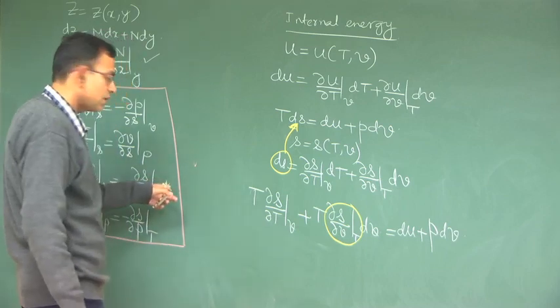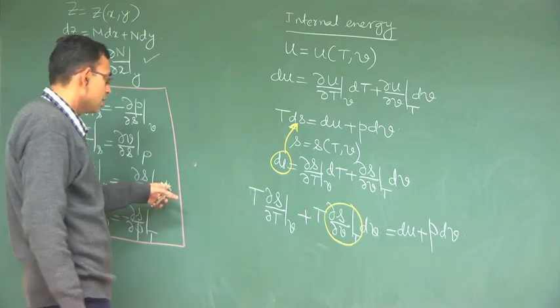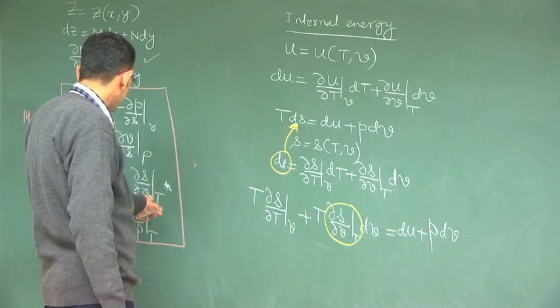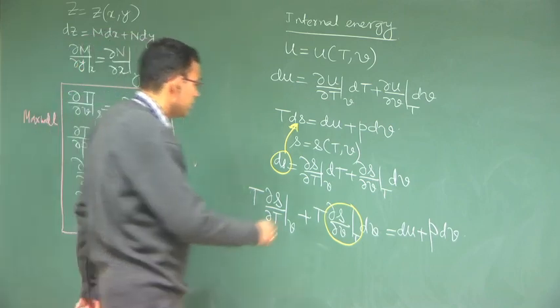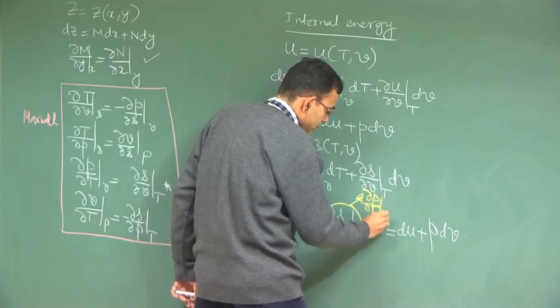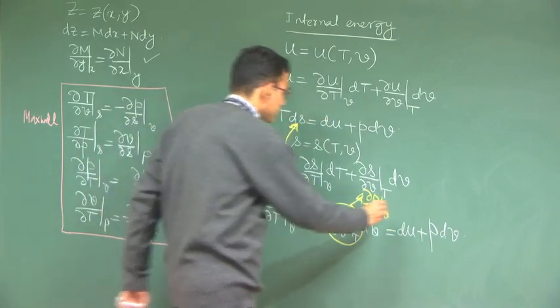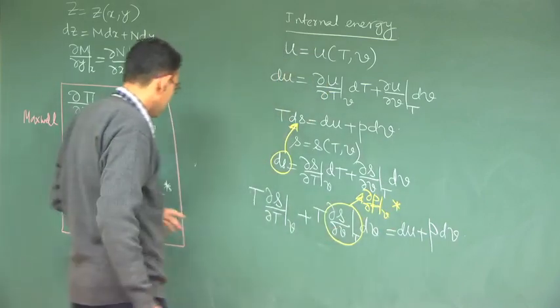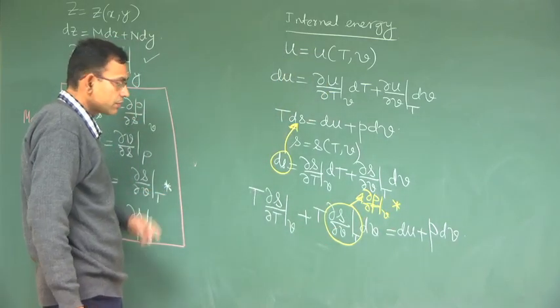See this third Maxwell's equation, from here we can write this is del P del T at constant V, from this star which is written on this part of the board.